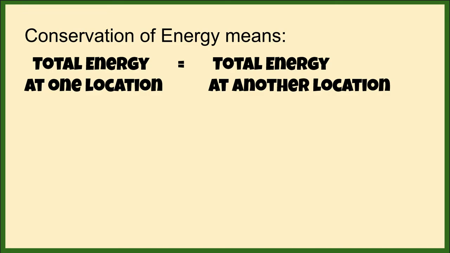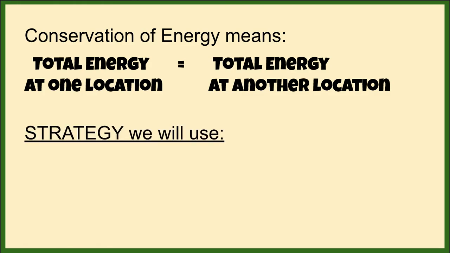This is really the big idea. When we say conservation of energy, we mean that the total energy at one location is going to be the same amount of total at another location. It might be different amounts of kinetic and potential, but the addition of those two amounts is going to have to equal the same bigger value.